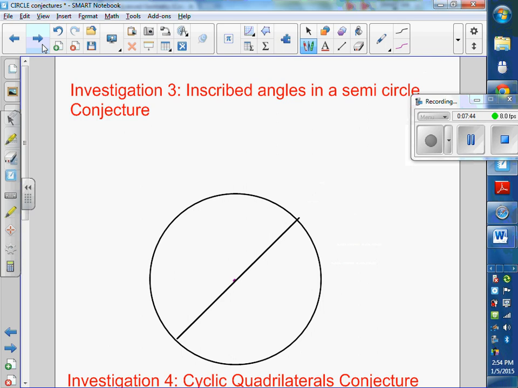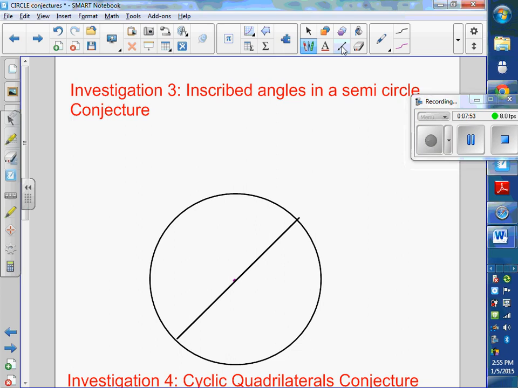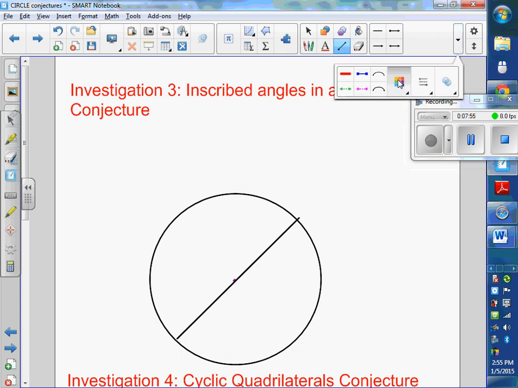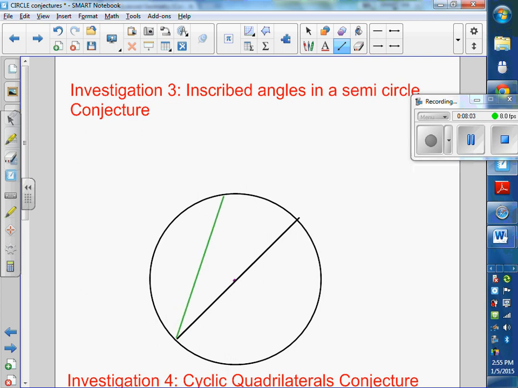Okay, let's look at the third one. Investigation 3, inscribed angles in a semicircle. What would that look like? If I take an angle and make it inscribed in a semicircle, it would have to have its endpoints on the diameter and its vertex on the circle.